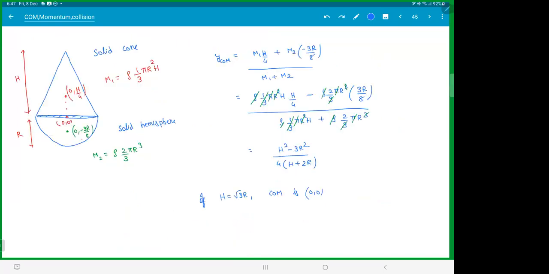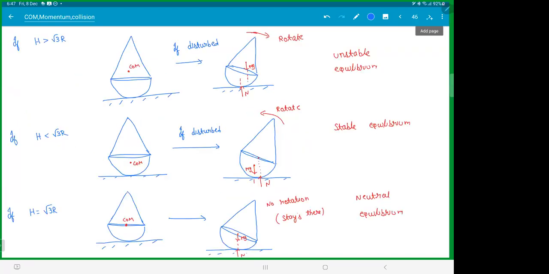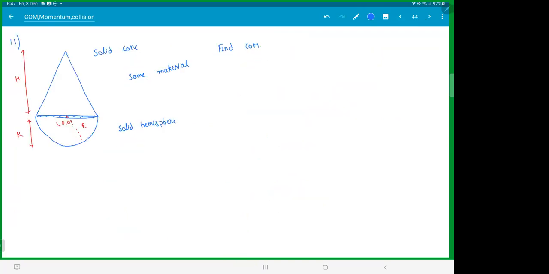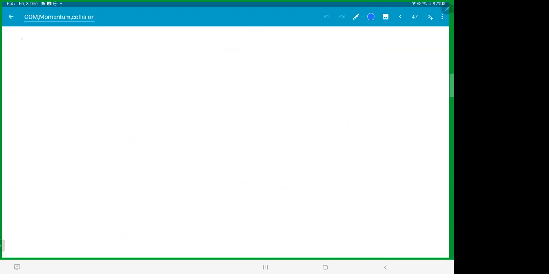Let's do one more easy one like this. So basically, I can give you some standard shapes and we can find the center of mass from there. Get me the center of mass of this one. We have a disk.